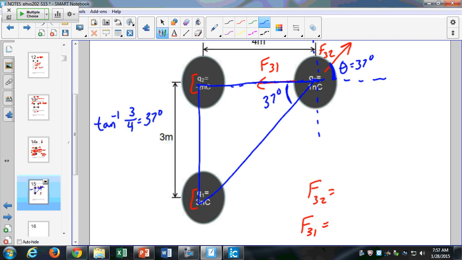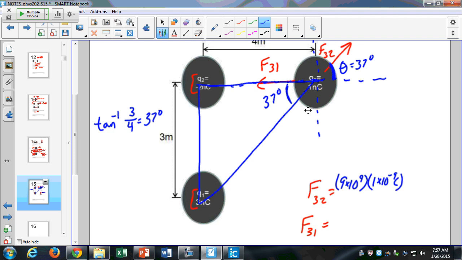All right, so now we want to figure out the magnitude of our forces. I'll do the first one. I'll write it out, and then I'll just give you the answer for the second one. F32 is 9 times 10 to the 9th. That's K. Q3 is what? 1 nanocoulomb? So that's 1 times 10 to the minus 9 coulombs.